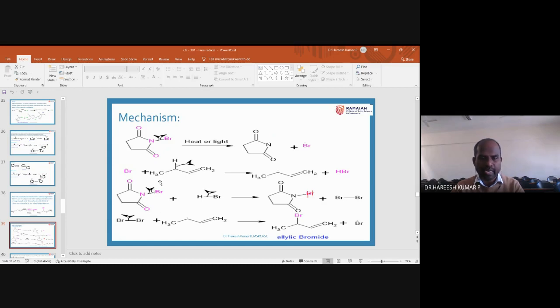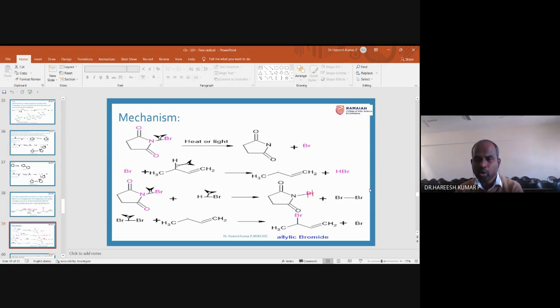Once homolytic cleavage happens, the succinimide radical is obtained. The succinimide radical can react with the hydrogen radical, giving rise to succinimide as the product. The Br radical can react with the Br radical, giving rise to a bromine molecule. Okay, a bromine molecule is obtained.